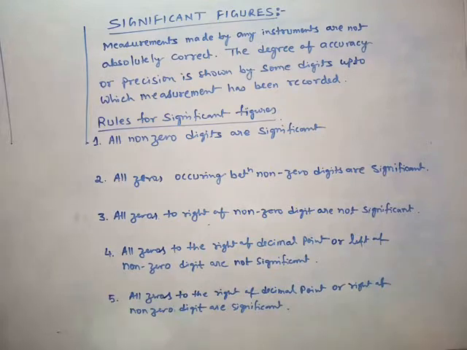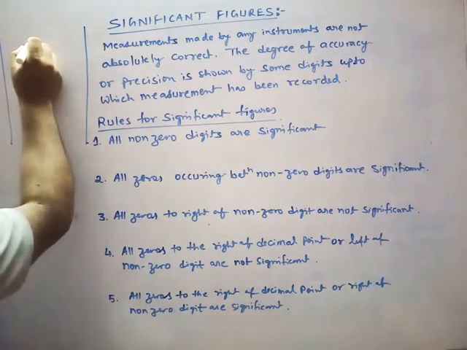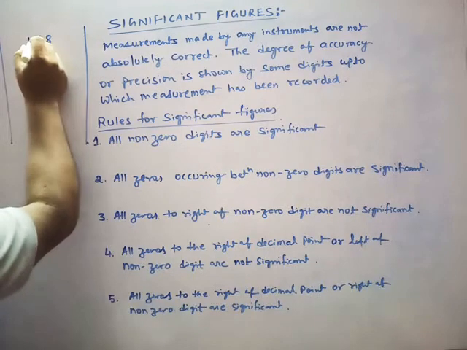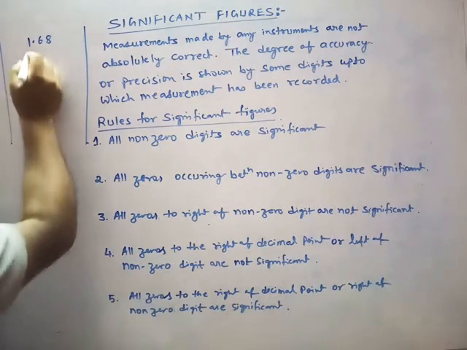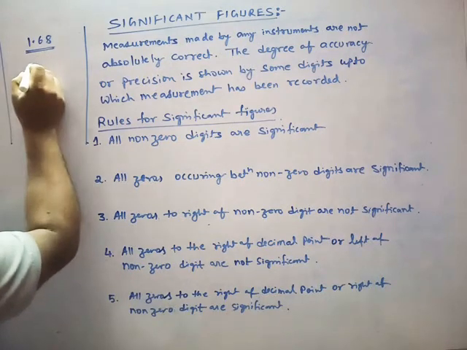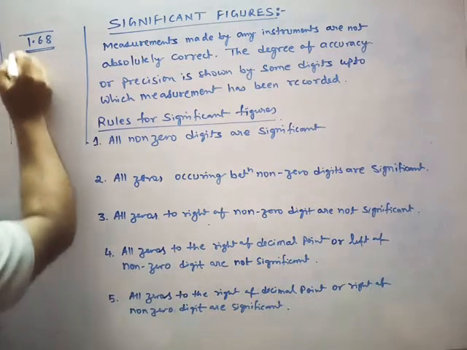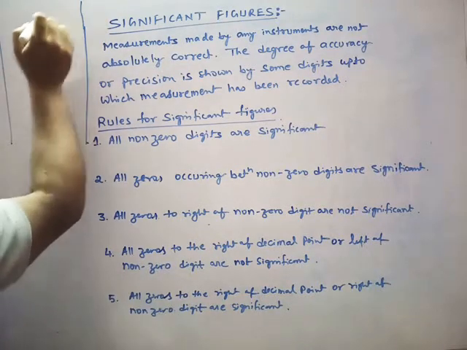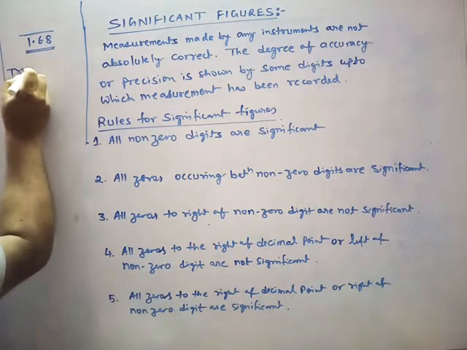So suppose experimental value is 1.68. Is it right? 1.68, and this is the experimental value. Where is the true value? Is it right?